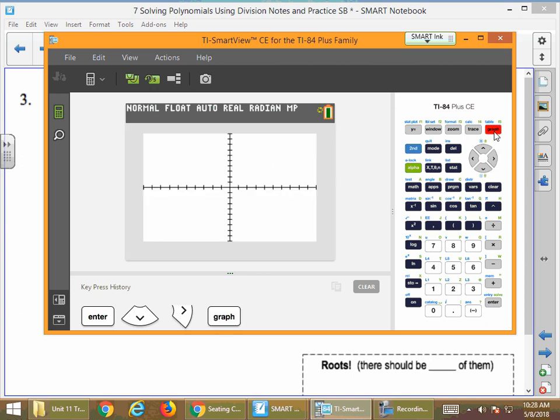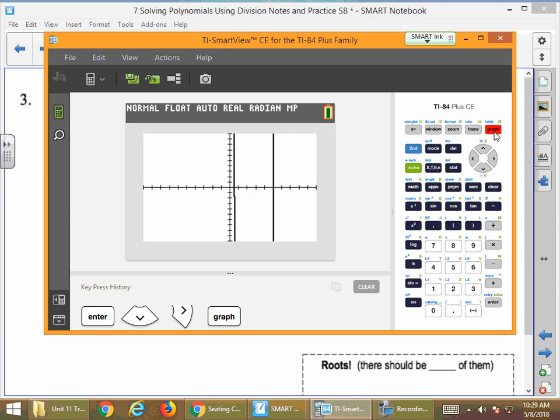So when we graph, look at this picture. And I know you can't see the whole polynomial, but the thing is, we need to see where the graph crosses the x-axis. Those are our roots, our solutions, our zeros of our function.